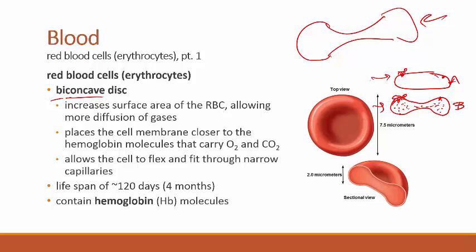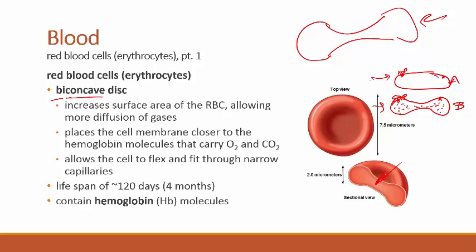It also has a second benefit. As cells pass through really, really narrow capillaries, the red blood cells sometimes have to bend and flex to make it around corners, and this shape causes a little bit more flexibility. So this thinner shape here in the center causes the cell to be a little weaker than it would be if it were a flat non-biconcave disc, and so it can flex more easily.